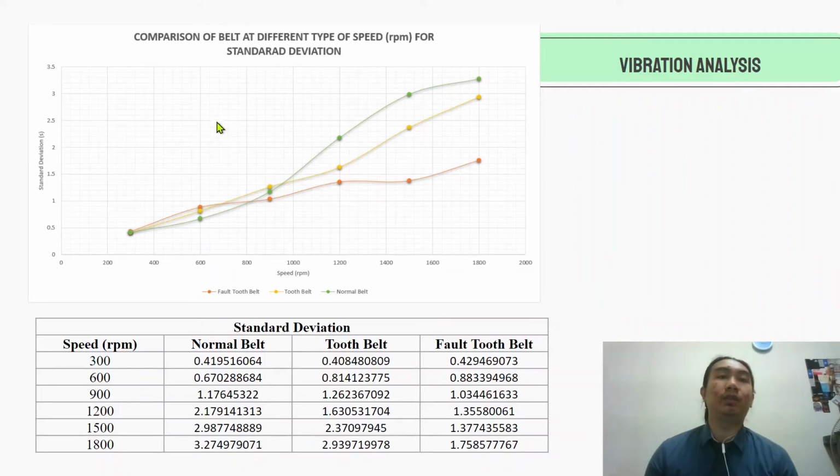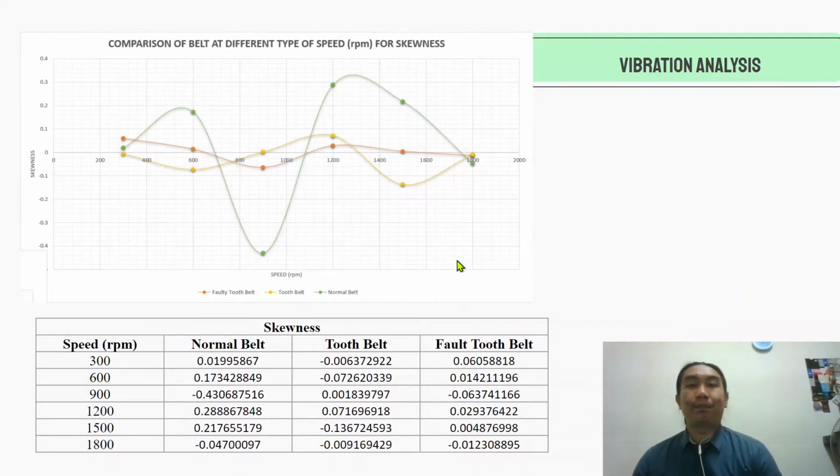As for the standard deviation, the graph is identical to the RMS because the mean value is 0, so it will be identical with the RMS value. It also shows that the normal belt is the highest at the end. And then we move on to the skewness.